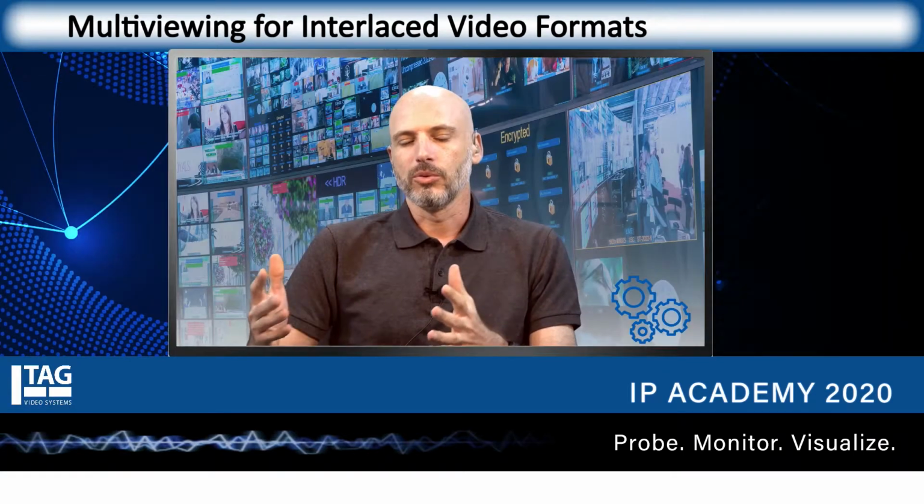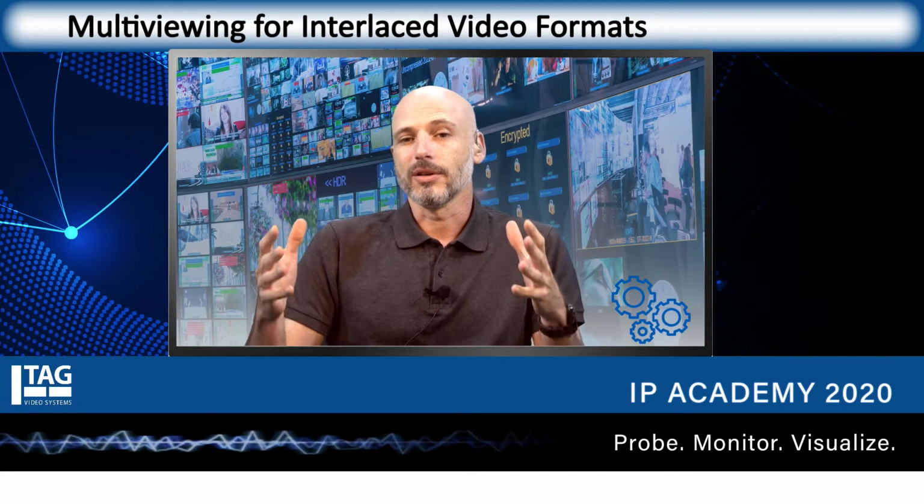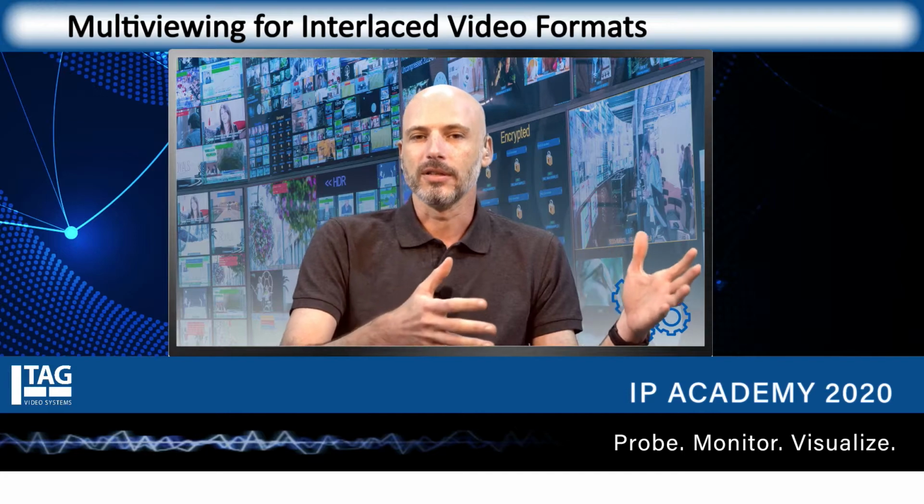So for interlaced, especially when you're talking about the uncompressed formats, SDI or 2110, 2022, there are two levels of how you handle the content. It's the content itself, whether the content is interlaced based on fields or not, and how you deliver it. What is the carrier? And it's possible to send a progressive frame over an interlaced carrier.